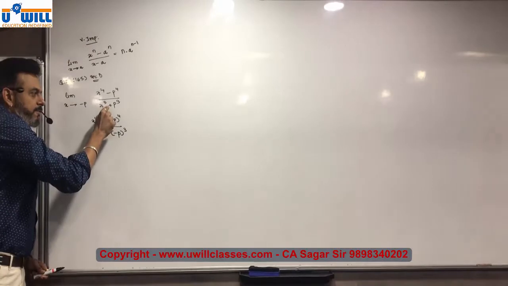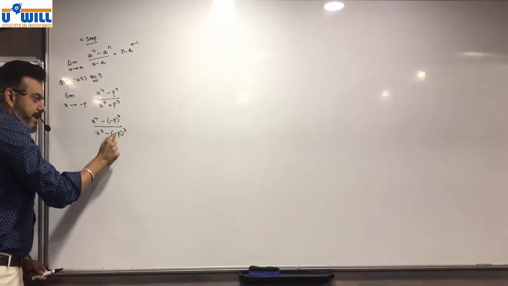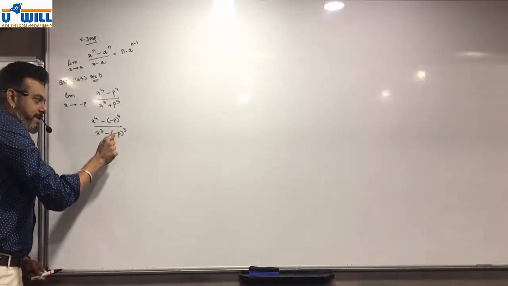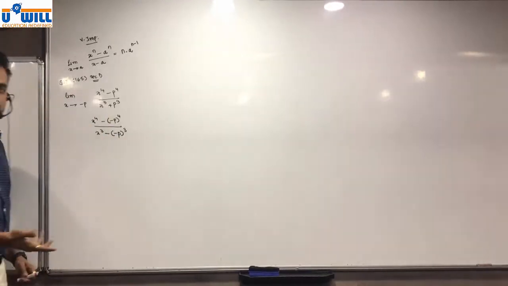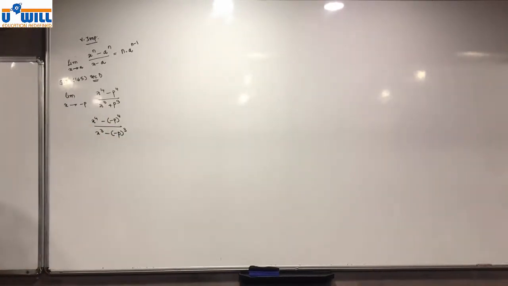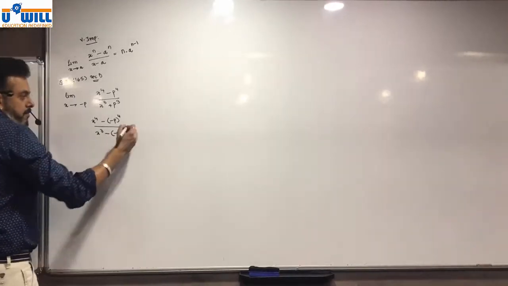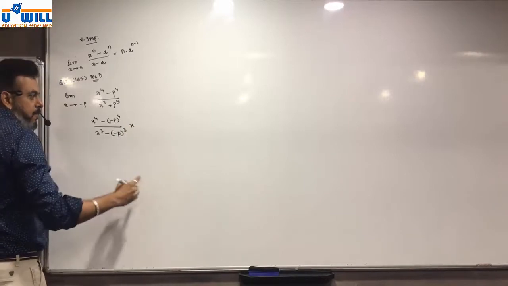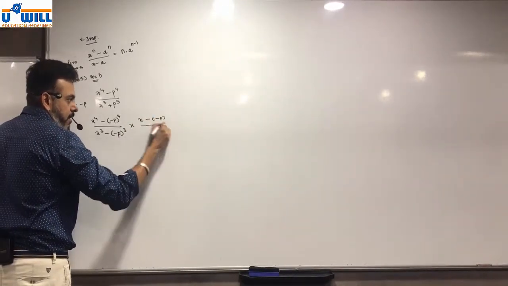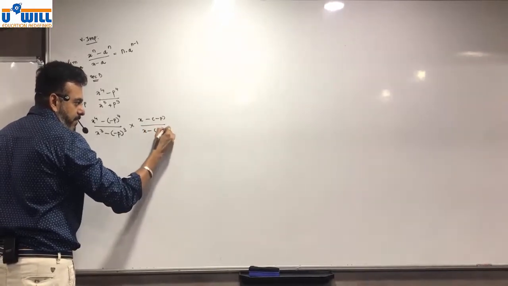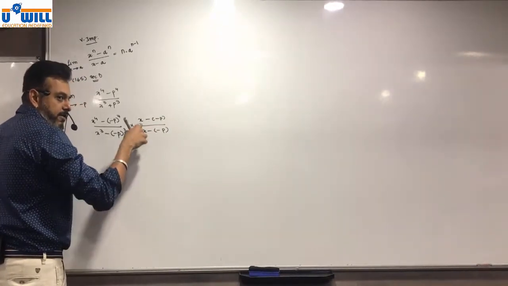Here, what I want is plus p raised to 3. So I'll take minus p raised to 3, which will be ultimately minus p. And minus of minus will become plus. So does it make a difference? Understood this now? Okay, now this we will multiply with x minus p upon x minus p. This is a very important step.